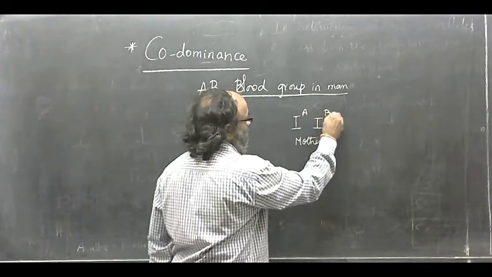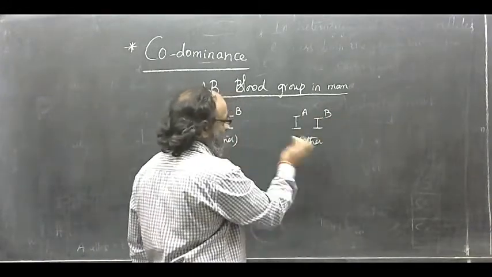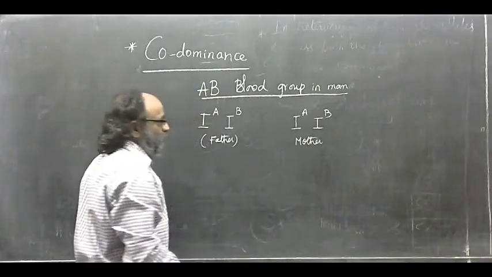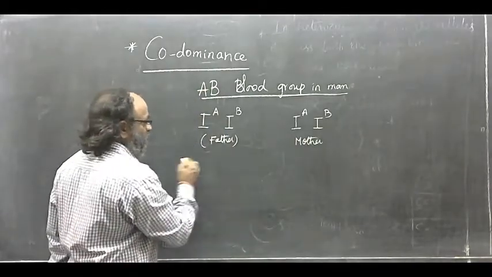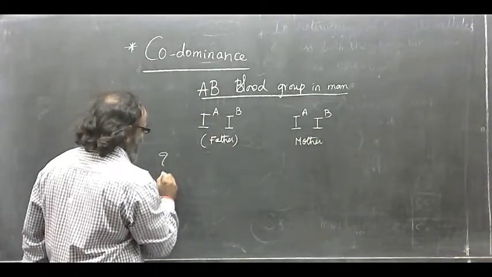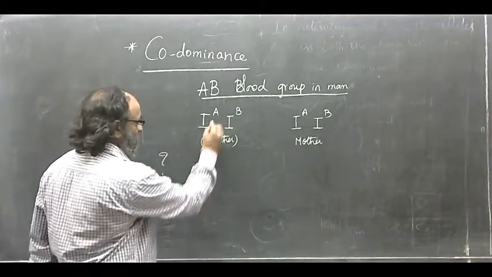So both the father and mother, husband and wife, are with AB blood groups. Then how will be their children or progeny?